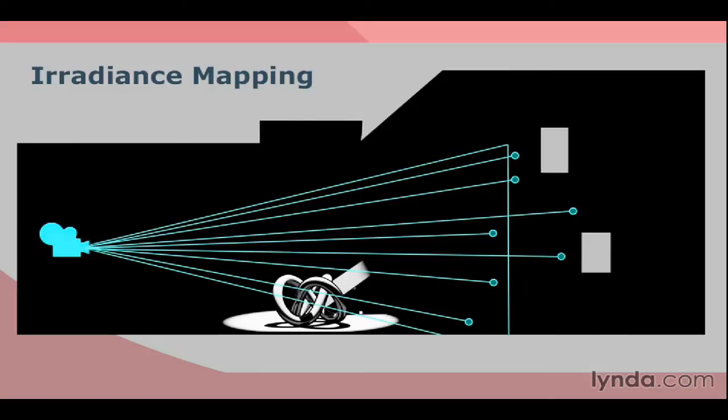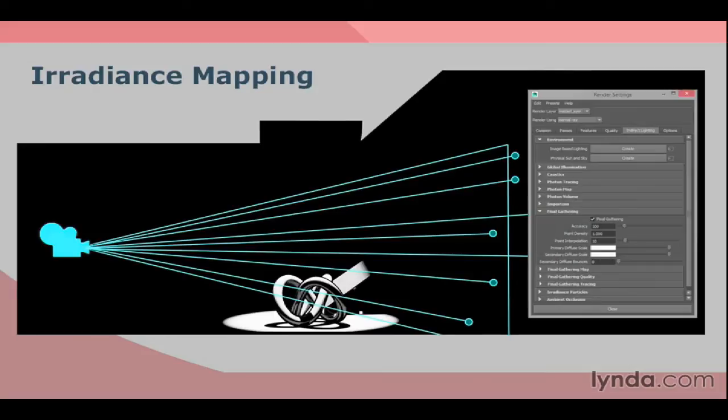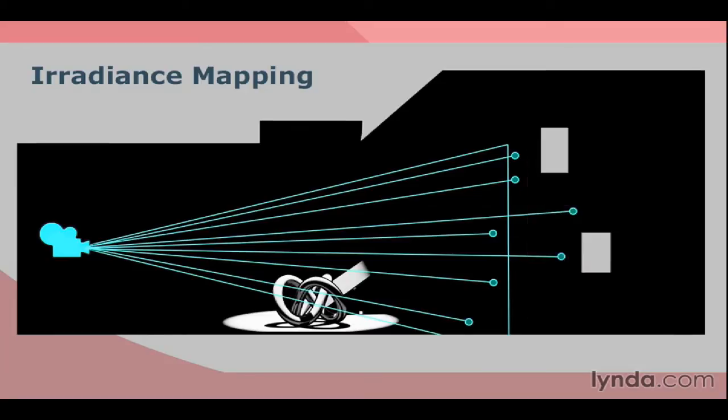It is actually looking for areas of high contrast to help it decide where on our geometric surfaces it needs to place the highest proportion of the user-specified irradiance sample count. The number of initial samples used in this phase will be controlled by the point density option. Remember, these samples can only be placed in areas of the scene that are directly visible to the rendering camera, or that can be seen through reflections and/or refractions.